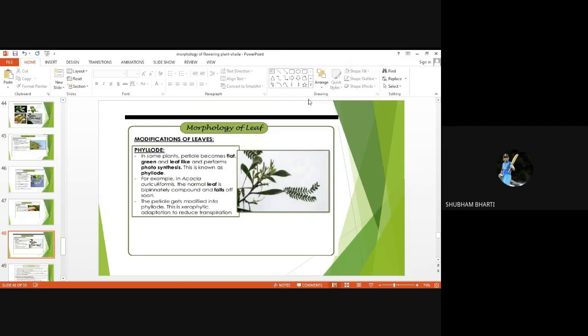The petioles get modified into phyllodes, and this is the xerophytic adaptation to reduce transpiration. यामध्ये काय होणार आहे की पेटीओल्स हे कशामध्ये मॉडिफाईड झालेलं आहे फायलोडमध्ये फॉर परफॉर्म द फोटोसिंथेसिस अँड दिस इज द झिरोफायटिक अडॅप्टेशन म्हणजे हे कुठं येणार आहे वाळवंटामध्ये जिथं की लेस वॉटर अँड ड्राय ॲटमॉस्फिअर आहे.